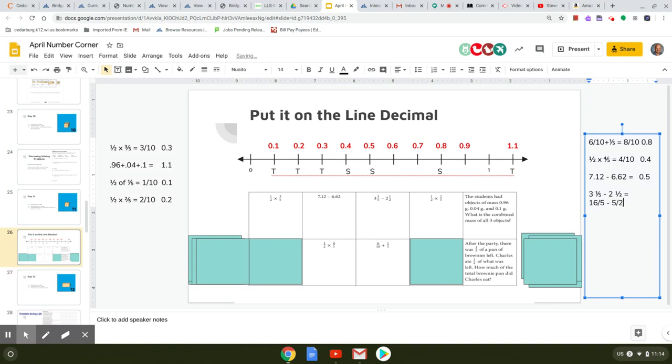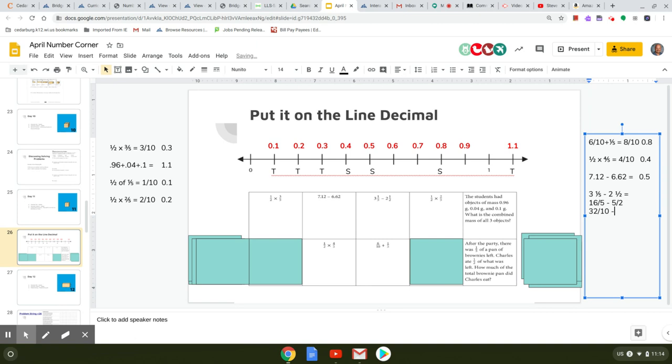5/2. Now I need to make a common denominator. So we're working in tenths. I would use tenths right away, right? So what do I have to do to the 5 here to make that a 10? I have to multiply it by 2, right? So that means I have to multiply my numerator by 2, and that gives me 32/10.